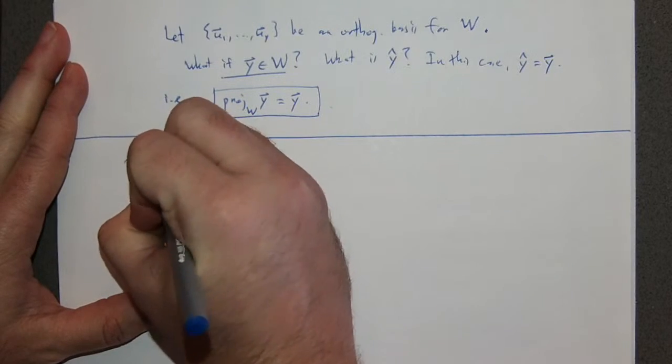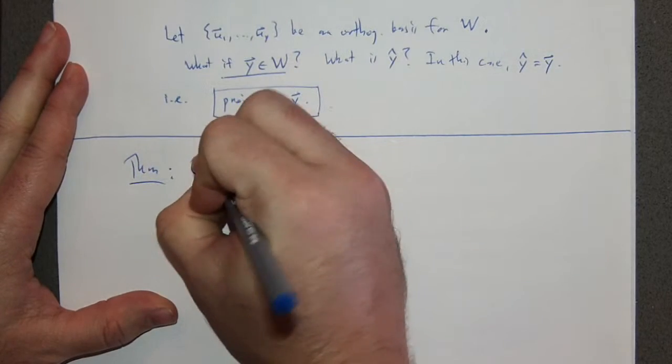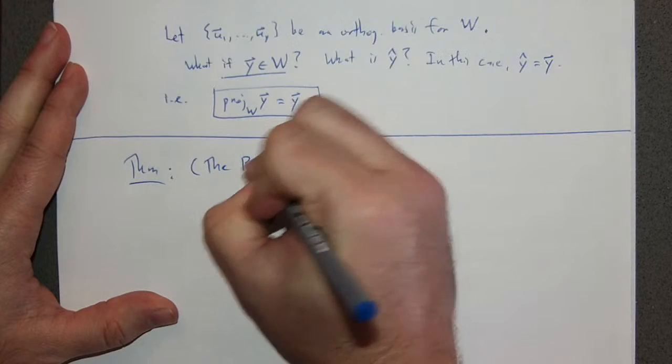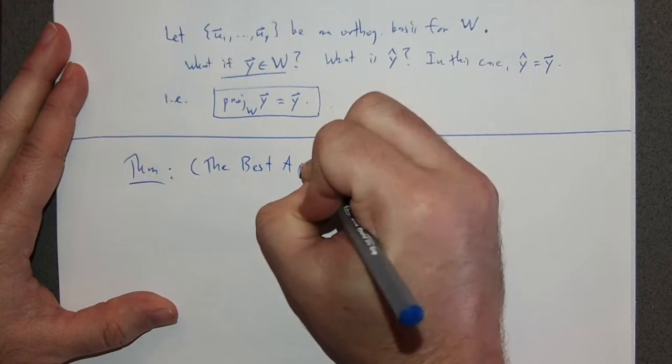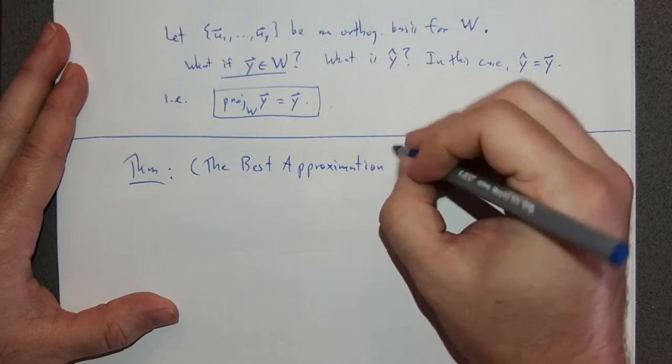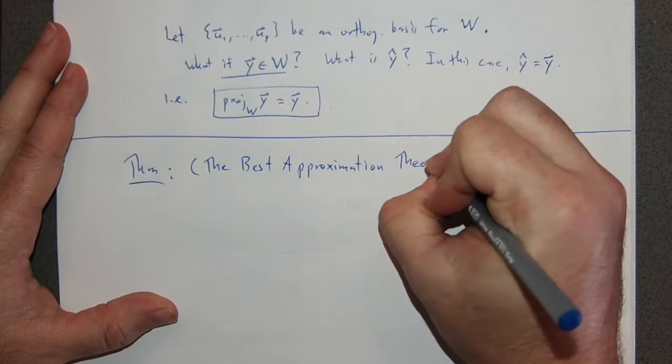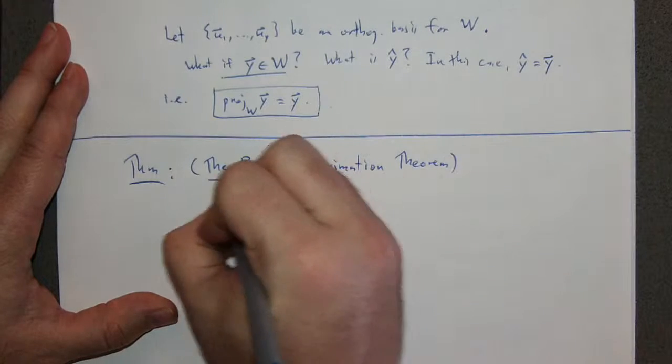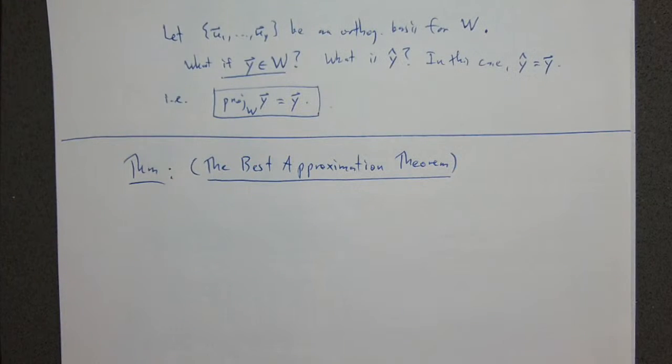This one also has a name, and this is called the best approximation theorem. This has a lot of applications. If you take Math 401, which is more of the application side of linear algebra, you'll see many applications of the best approximation theorem.